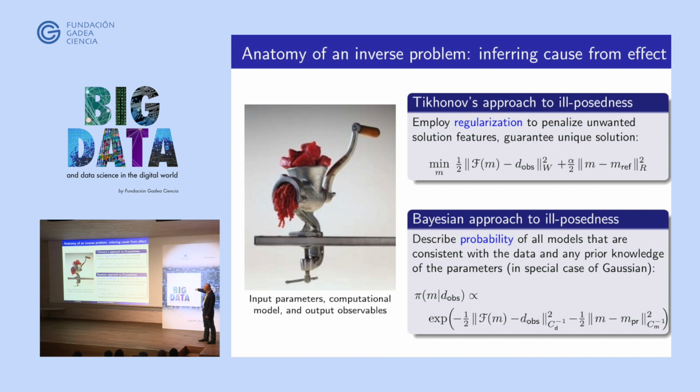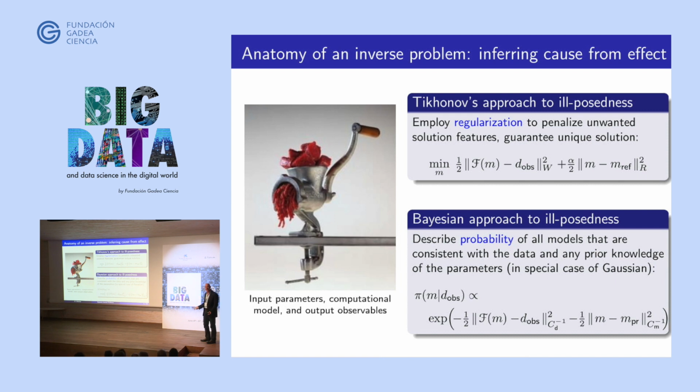So the expression that you get has some resemblance to this expression over here. Here we're minimizing a regularized data misfit. Over here we have a probability, a posterior probability, which is the solution of the Bayesian inverse problem, whose log has a similar structure, but it's interpreted differently. In particular, the regularization term is now replaced by a prior term.